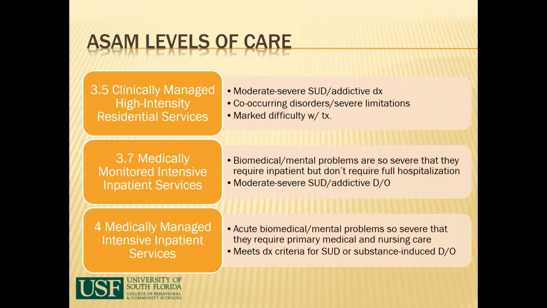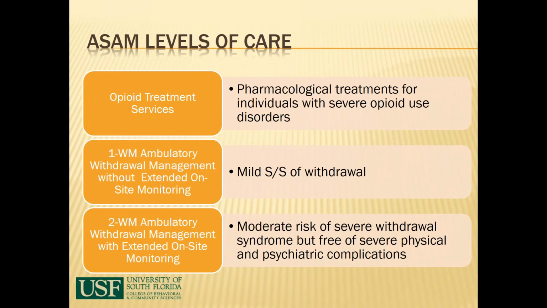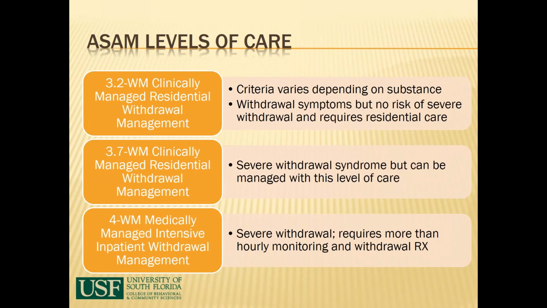I won't go into great detail about these, but they're the level 3 and level 4 programs. We also have levels of care that can supplement the primary level of care, like opioid treatment services. Here we start to look at things like Suboxone maintenance or methadone maintenance. And we have different levels of detox treatment as well.